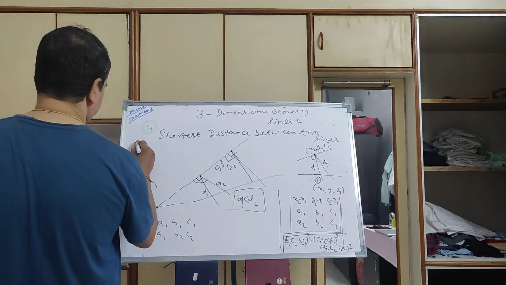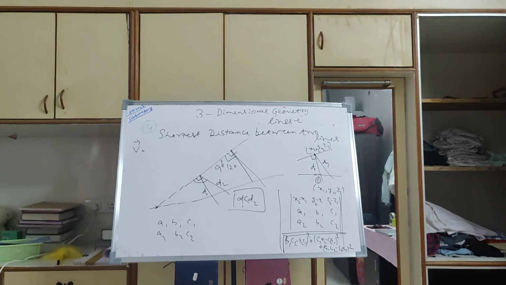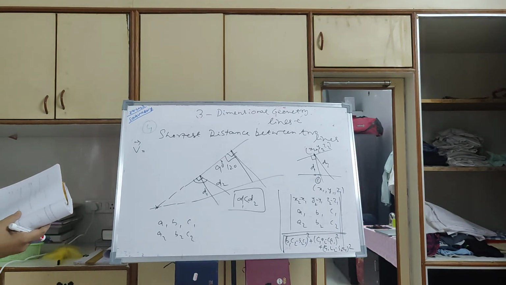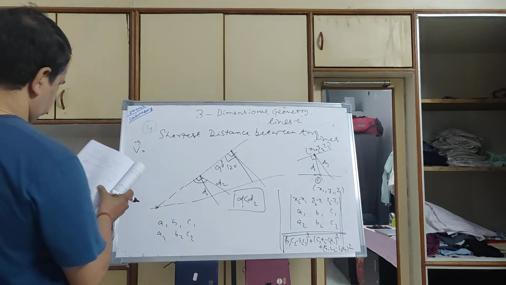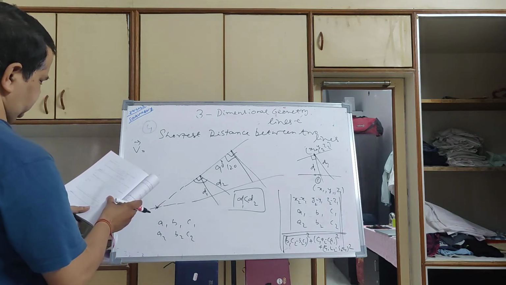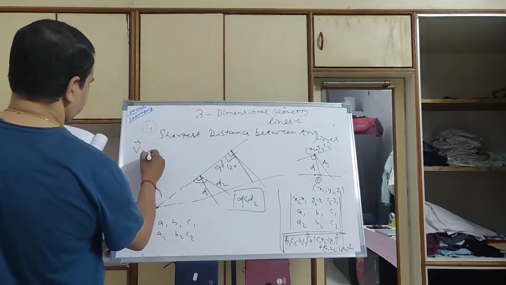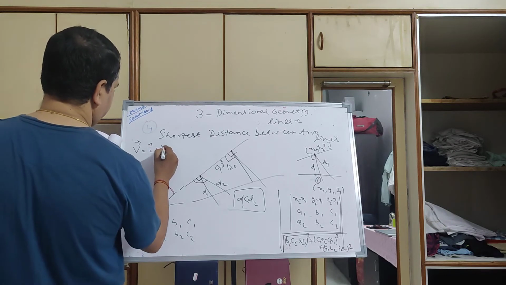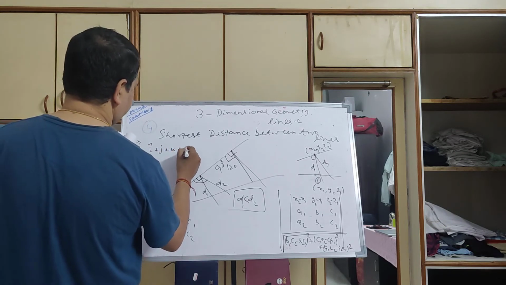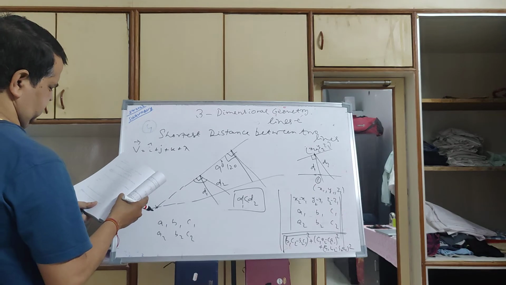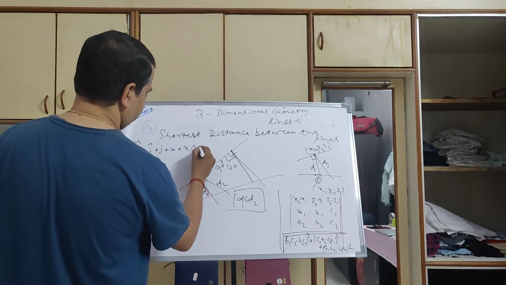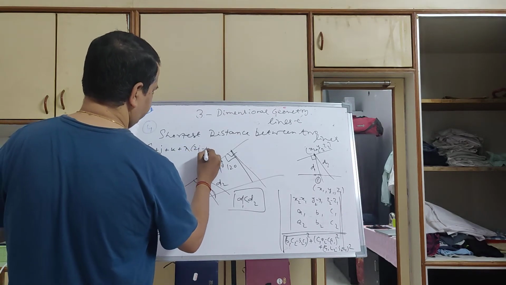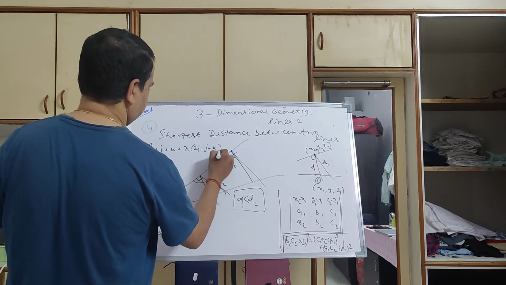So we want to find the distance between two lines whose vector equations are: i plus j plus k plus lambda into (2i minus j minus k).